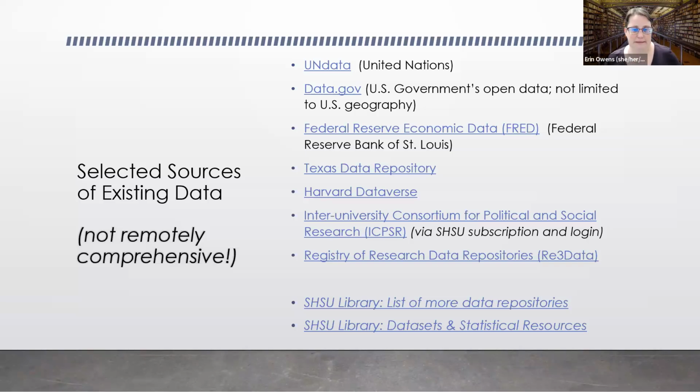ICPSR, we looked at just a little bit. And then this last one, the Registry of Research Data Repositories. This one's a little different. Instead of being a repository itself where we will search for data sets, it's actually going to let us search for repositories. So if I went in there and searched for economics, it might point me towards that Federal Reserve Bank economic data.